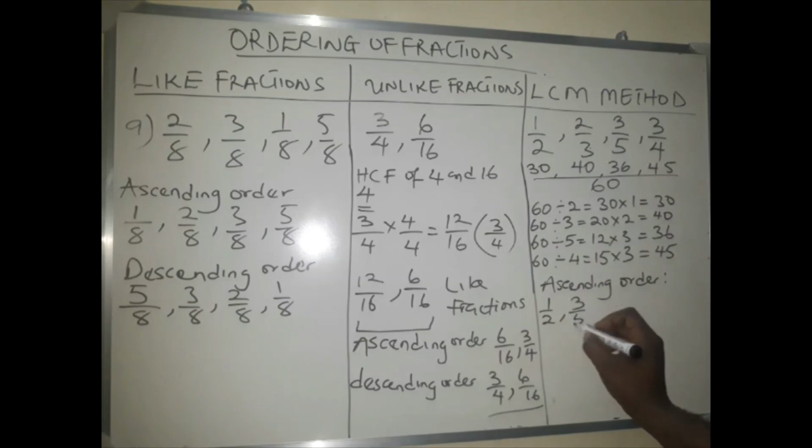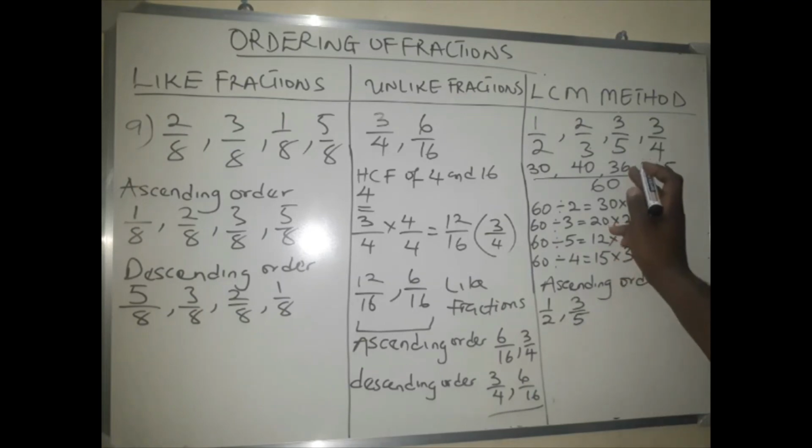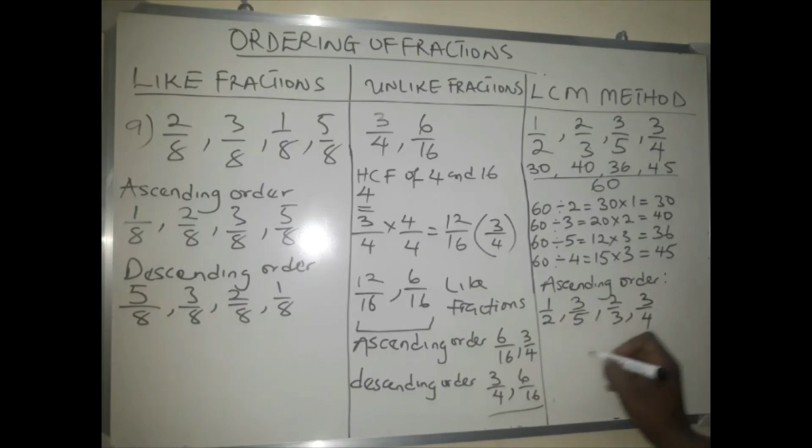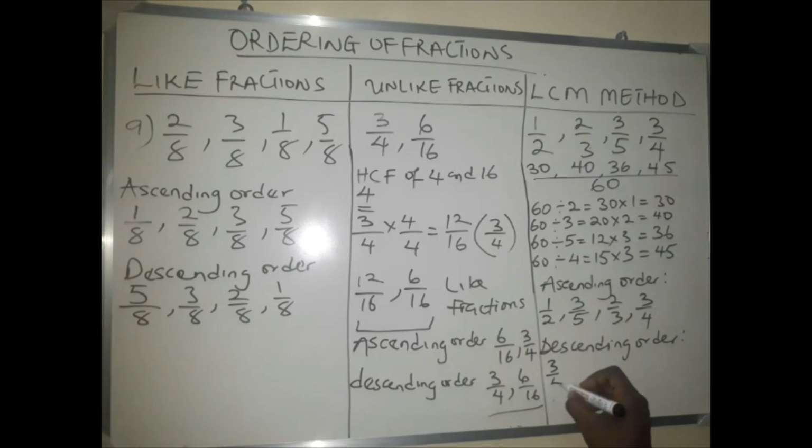After 36, we have 40, which means that 2/3 is next. And lastly, we have the largest fraction, which is what? 3/4. But if we're asked to arrange it in a descending order, then we start from the largest fraction, which is 3/4, then 2/3, then 3/5, then 1/2.